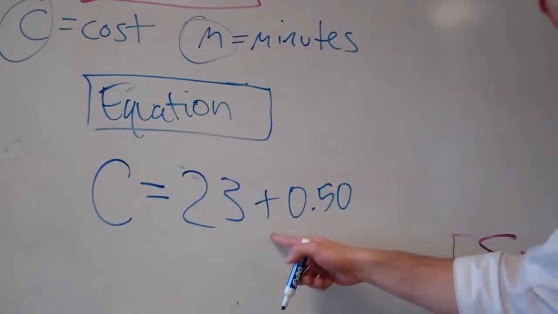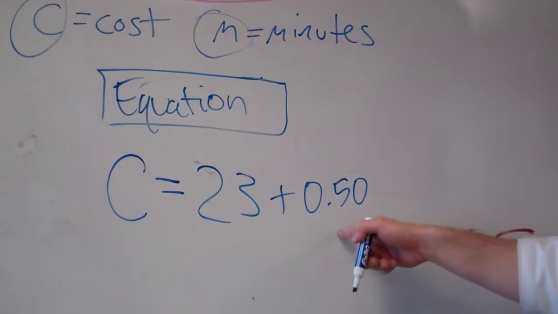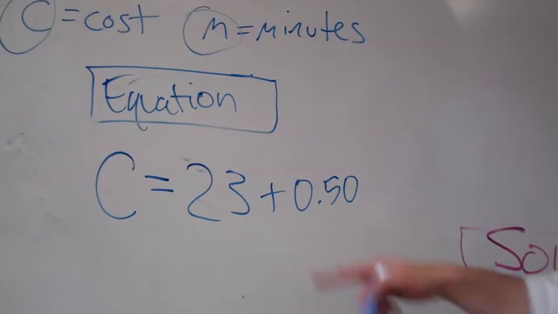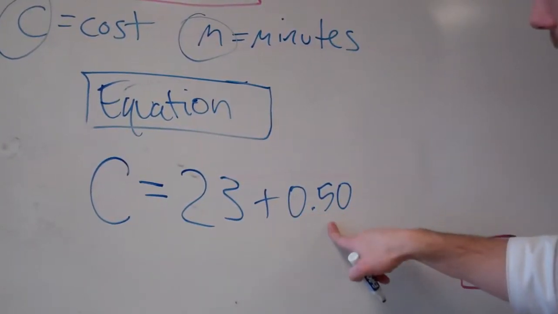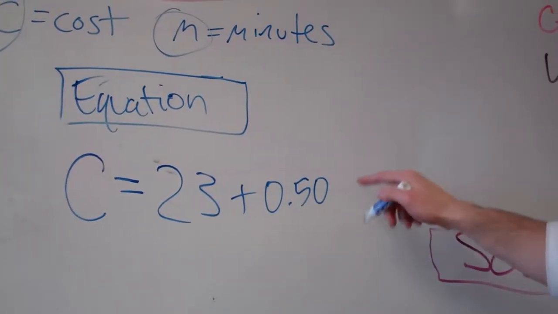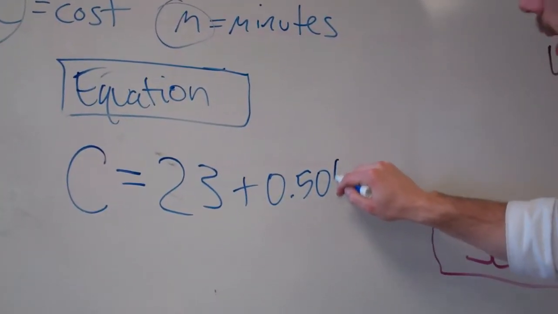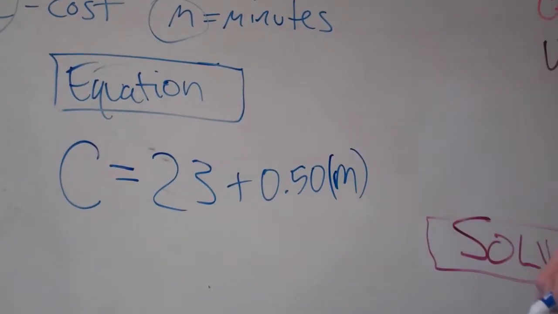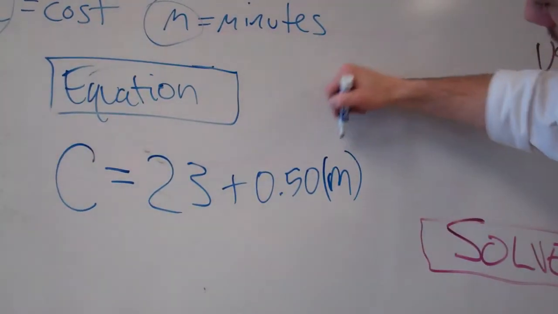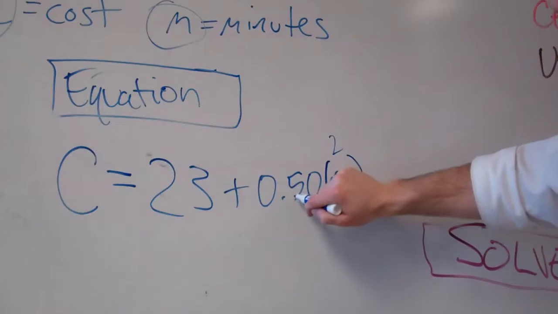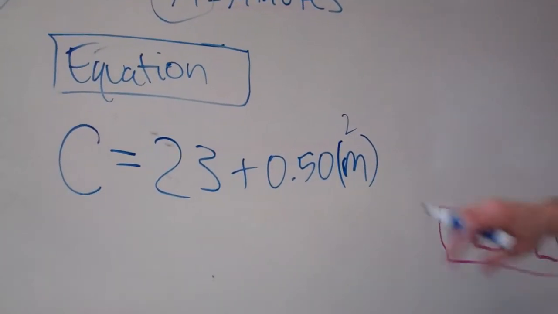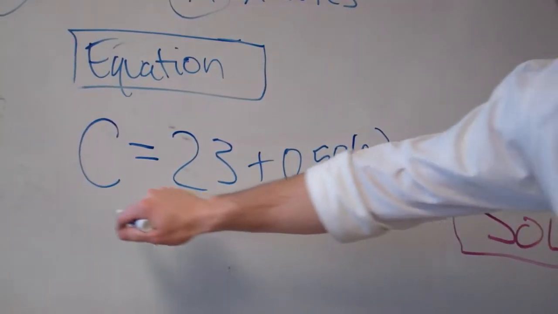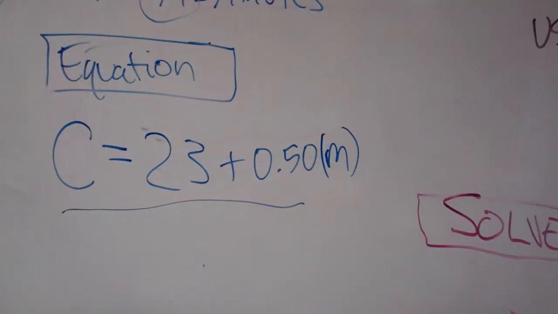Well, I'm adding because she gets charged 50 cents. They don't pay her 50 cents, which would be subtracting. So they add 50 cents for every minute, or 50 cents times M. If she uses 2 minutes, 2 times 50 cents, that's $1. Okay, and so on. So here is our equation, and now with our equation we can go on to get our solution.